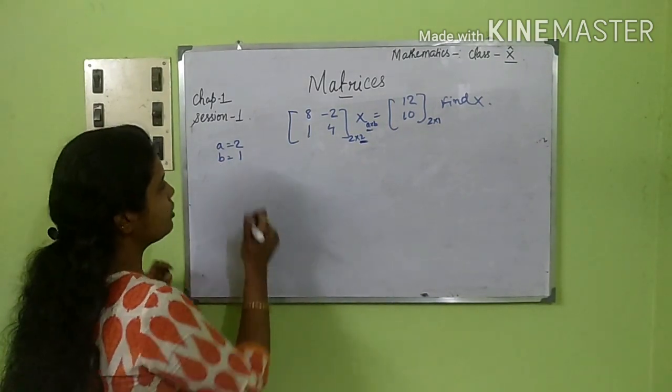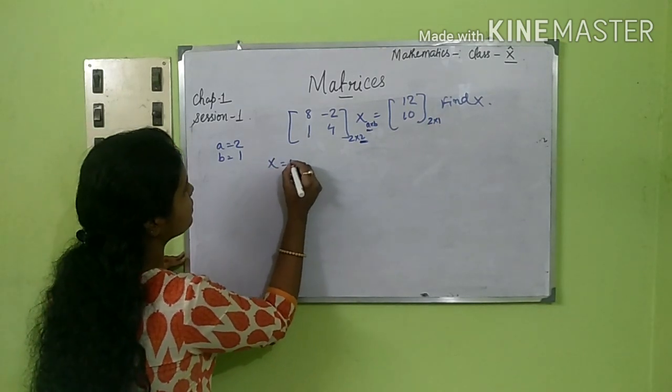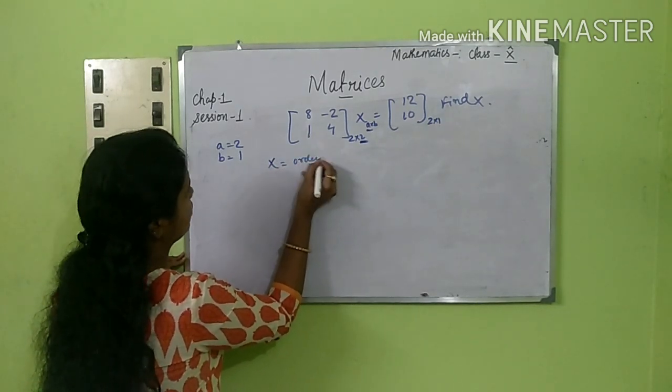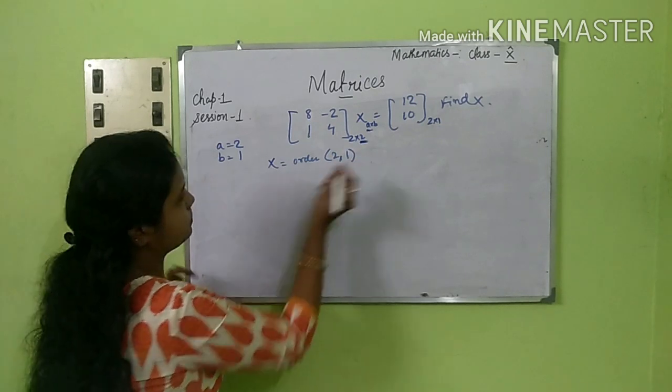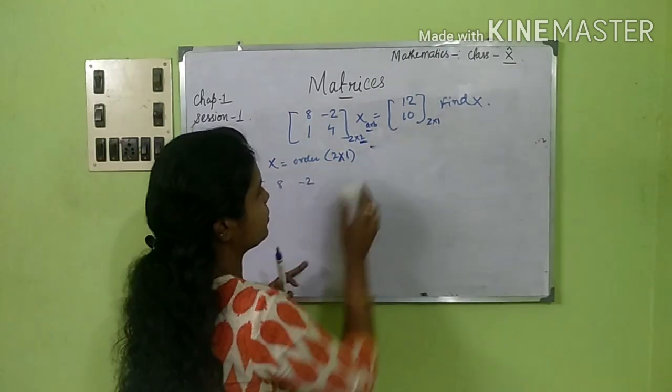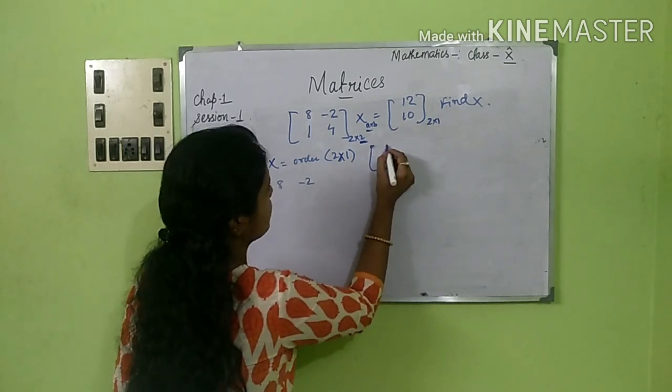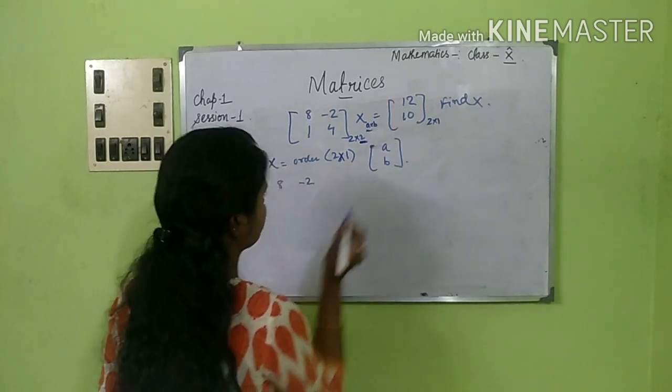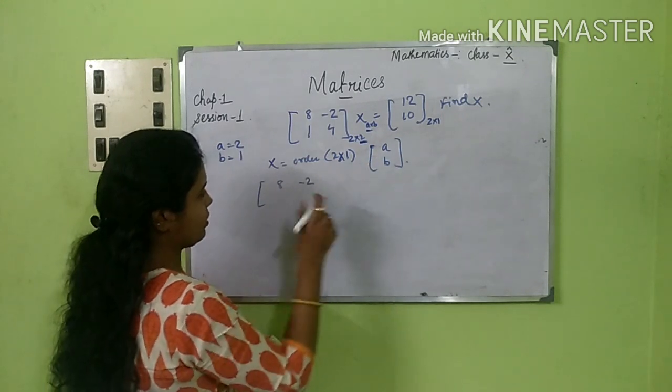Okay, so X order is 2 comma 1. Okay, or you can simply write 2 cross 1. This one will be in the column matrix A, B. Okay, because 2 rows and 1 column.